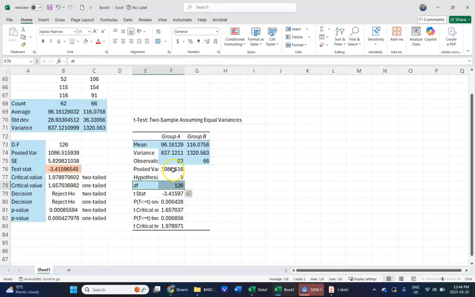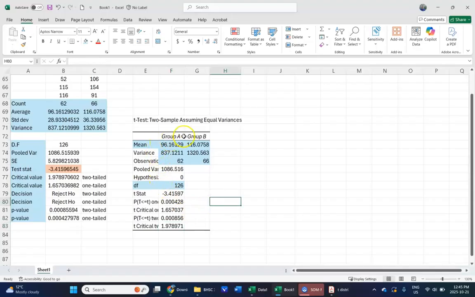The pooled variance estimate, which is what we have right there. It doesn't give us the standard error, but it's part of this test statistic calculation, which is the same value we have there, and our critical values for one-tailed and two-tailed tests with the p-values are the same p-values we have here.